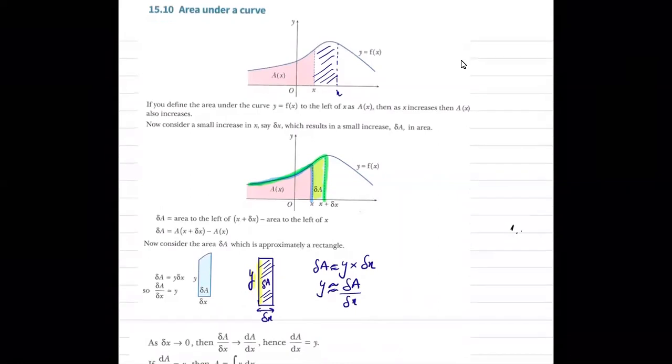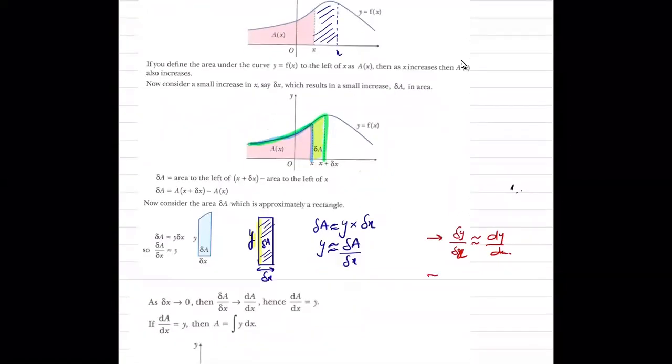Now, if this width of the rectangle becomes very small, then for small change, do you remember we studied that for small change delta y upon delta x was roughly equal to dy by dx? Yeah.